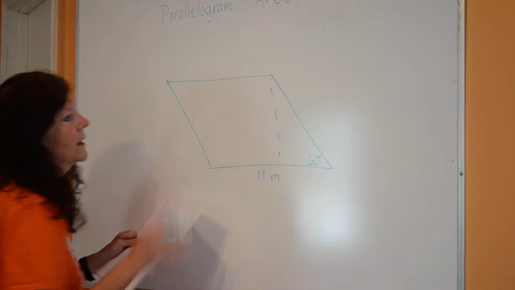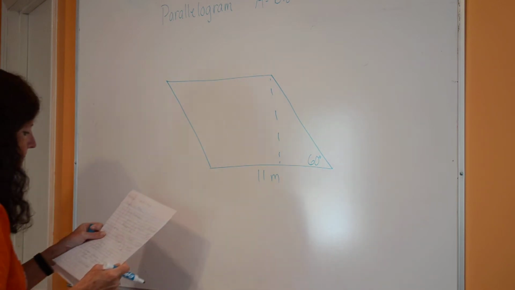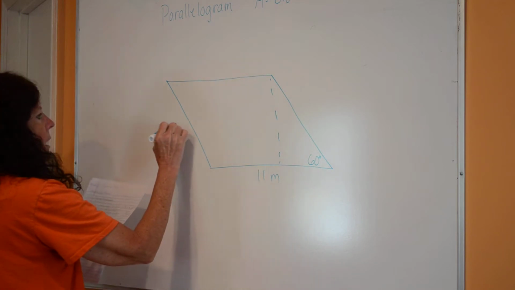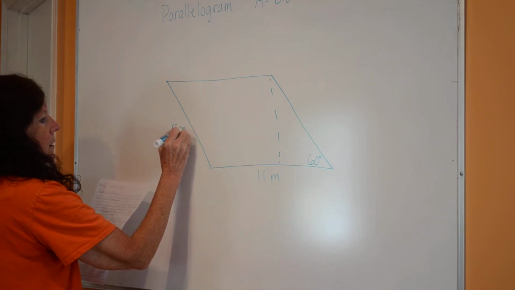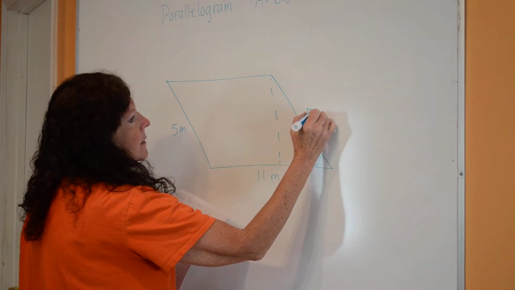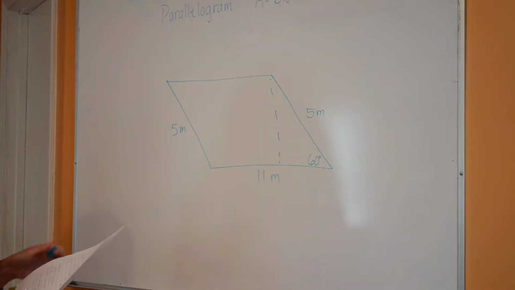All right, go ahead and find the area of this parallelogram. I think I also know this. Okay, which means then this is that. Okay, so go ahead and try it and work through it.